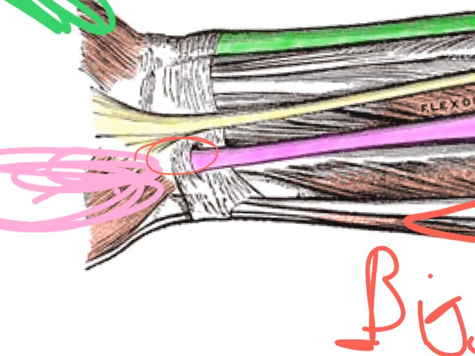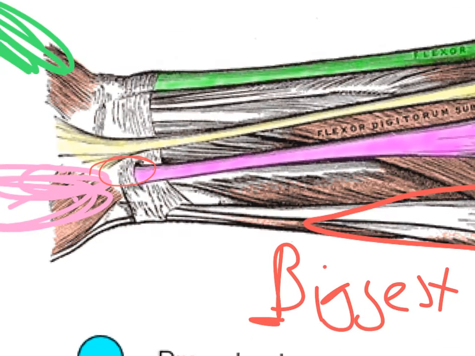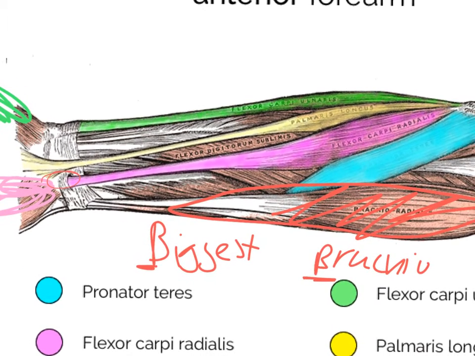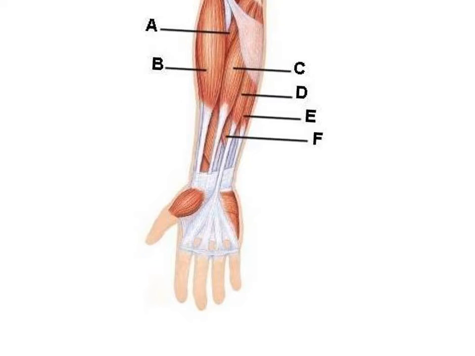Alright, so now let's move on to the palmaris longus, the one that's highlighted in yellow. Here's a better picture that can give you a better image of what the palmaris longus looks like. Let's first look at the name, palmaris longus. When I see the word palmaris, I immediately think about the palm of the hand.